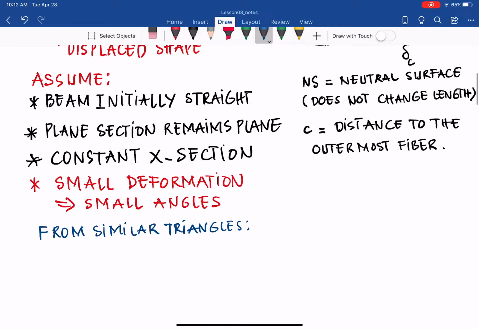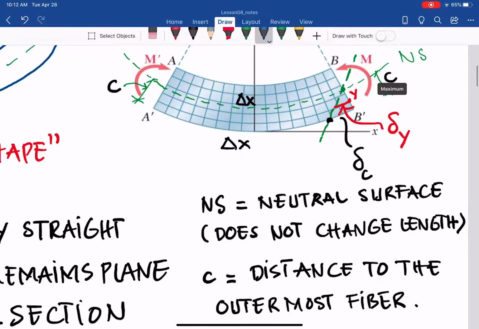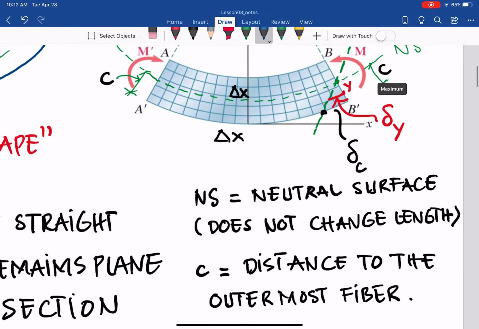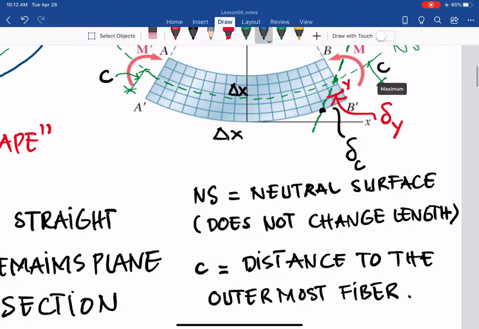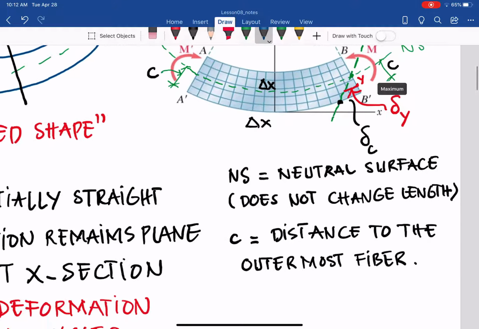What we have is, you can see here, delta y over y equal to delta c, which is the deformation at the outermost fiber, divided by the distance c from the outermost fiber to the neutral surface. Okay, the distance from the neutral axis, neutral surface, to the outermost fiber.